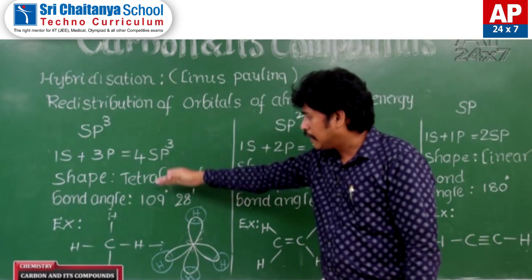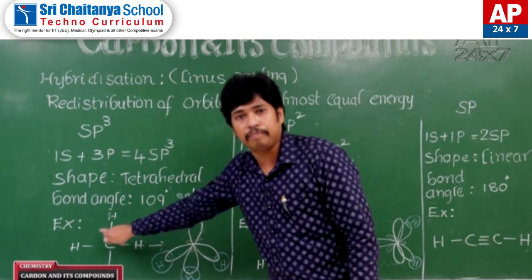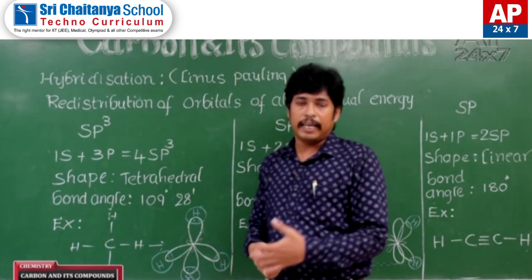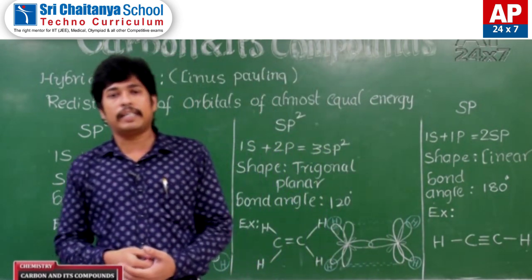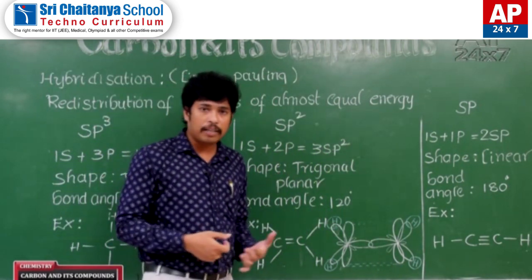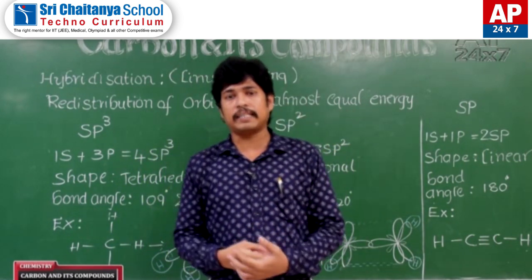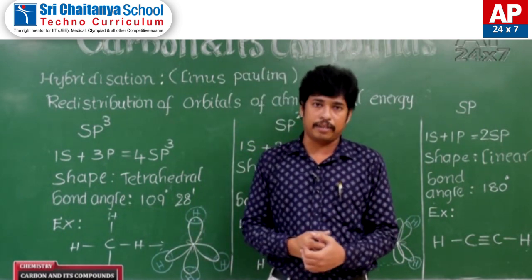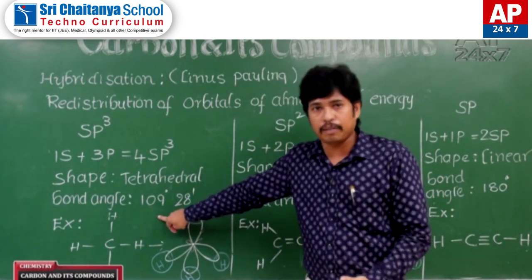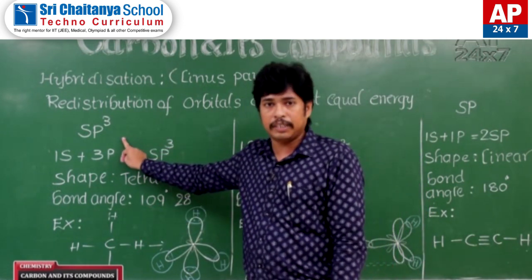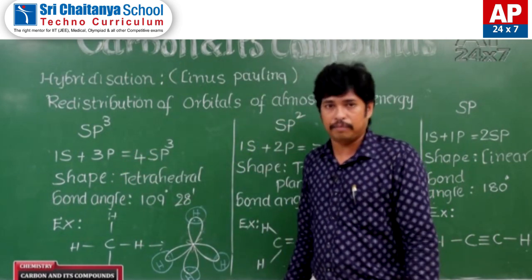Based on these factors, if you want an example, I would like to take methane as the best example for sp3 hybridization. Already we have discussed, as per valence bond theory, how the methane molecule can be formed, where simply overlapping of pure atomic orbitals is observed. But here first of all carbon will undergo the hybridization process, that is sp3 hybridization, then it will go for the overlapping process as per VBT.